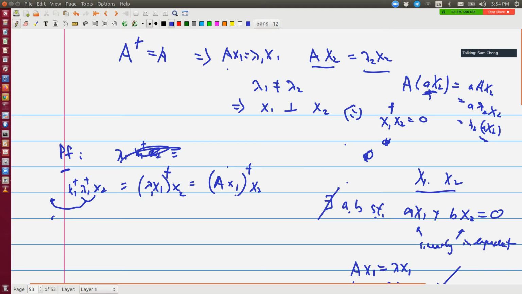So it's lambda 1 x1 Hermitian x2. But lambda 1 is real, since we already said A is Hermitian, so it's just equal to this.